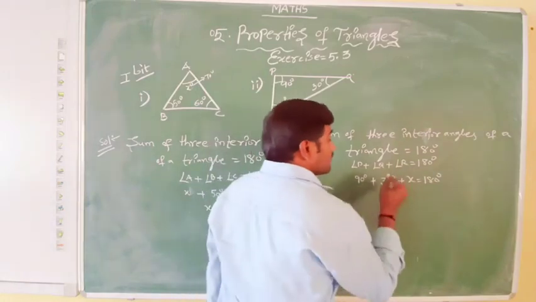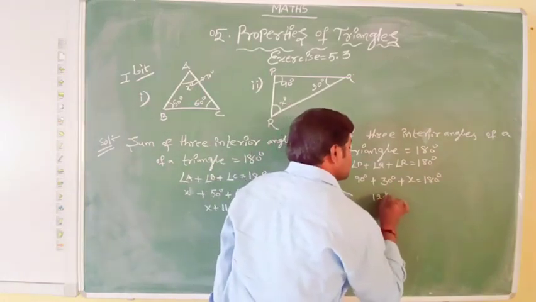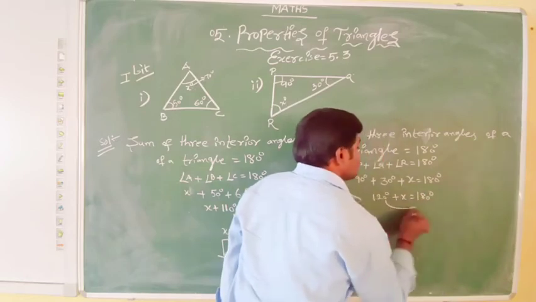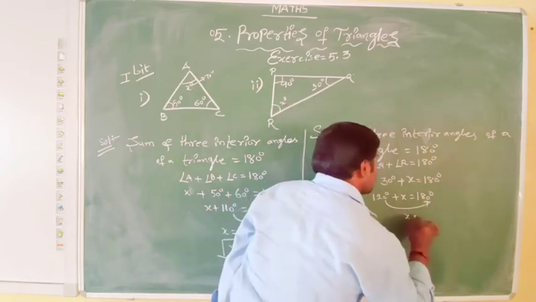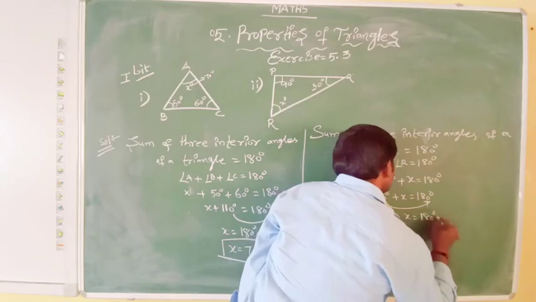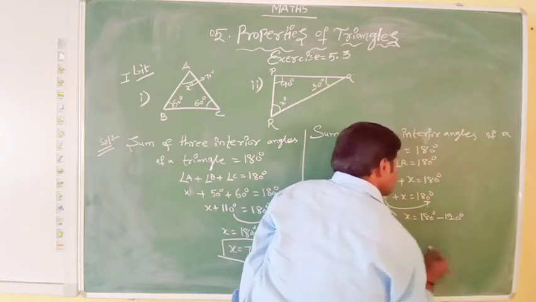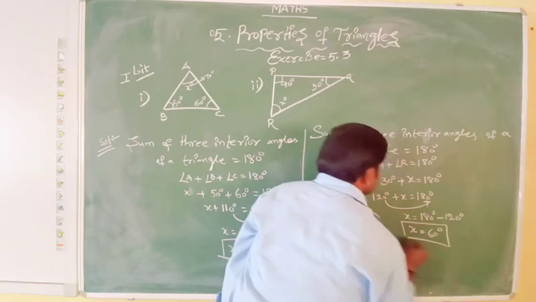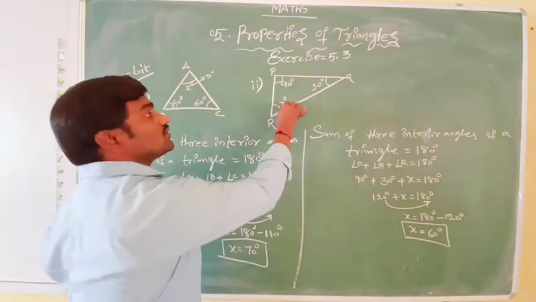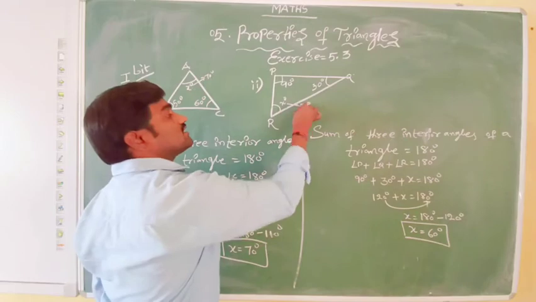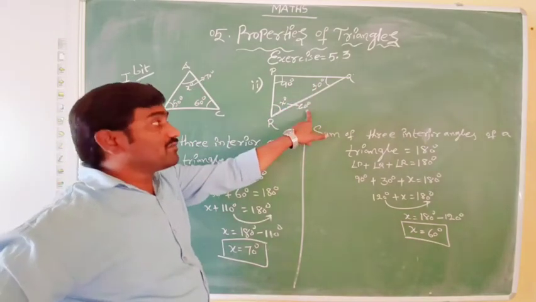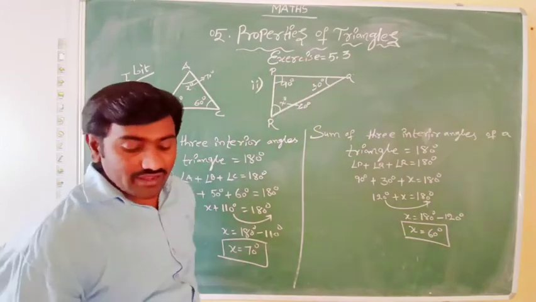So 90 plus 30 is 120 degrees, plus x equals 180 degrees. This 120 degrees we transfer to this side, so x equals 180 degrees minus 120 degrees. The difference is 60 degrees. So it will be 60 degrees. See, 90 plus 30 is 120, and 120 plus 60 will give us 180 degrees.